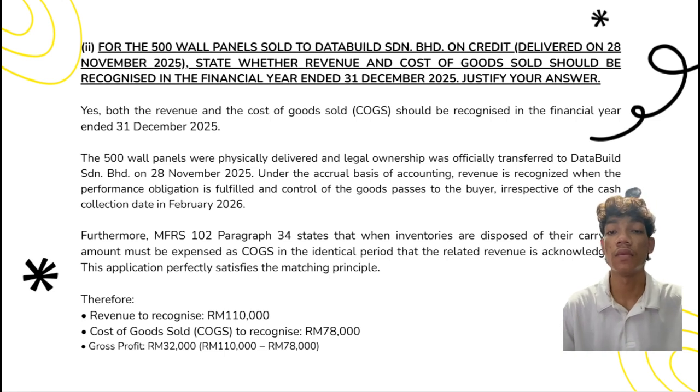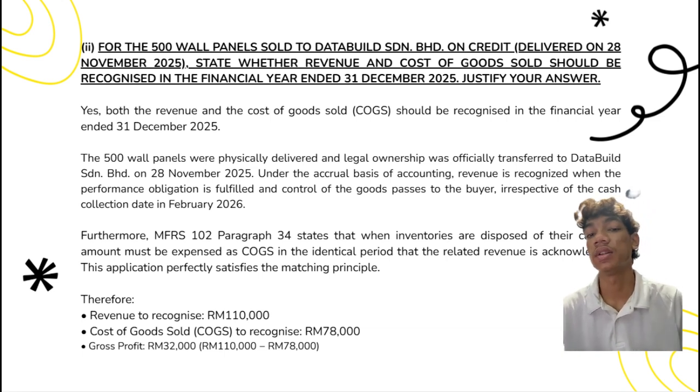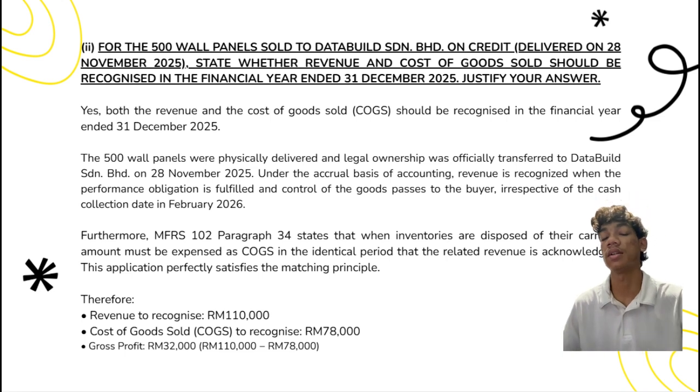The 500 wall panels were physically delivered and legal ownership was officially transferred to Databooks SDN-BSD on 28 November 2025. Under the accrual basis of accounting, revenue is recognized when the performance obligation is fulfilled and control of the goods passes to the buyer, irrespective of the cash collection date in February 2026.